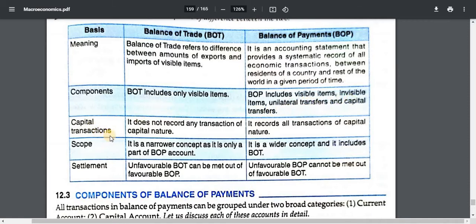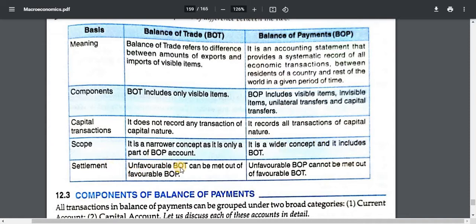Capital transactions: BOT does not record any transaction of capital nature. BOP records all transactions of capital nature. Scope: BOT is a narrower concept as it is only a part of the BOP account. BOP is a wider concept and it includes both.